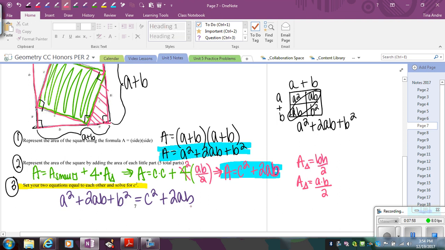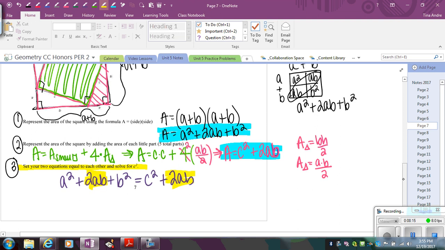So 2AB. So then what happens is hopefully now you see there's a common piece between both of these. You have a common piece on both sides, so they cancel each other out.